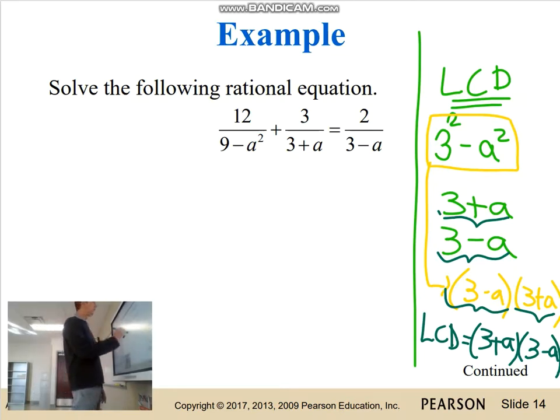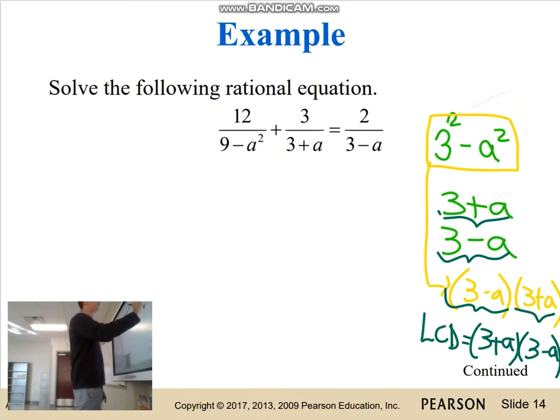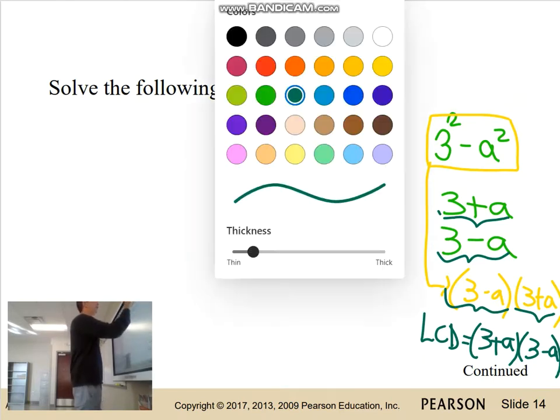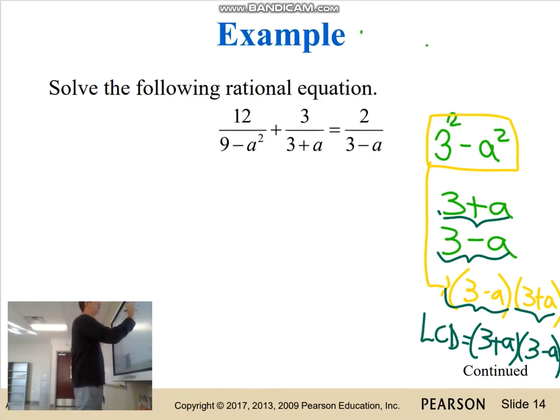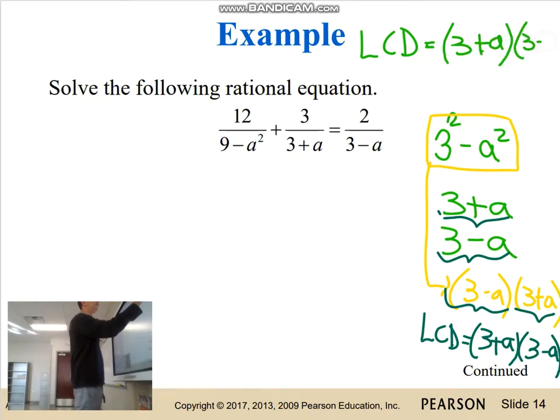Let me write here, to make it more clear: least common denominator we just found to be 3 plus a times 3 minus a. And we can clean this up.